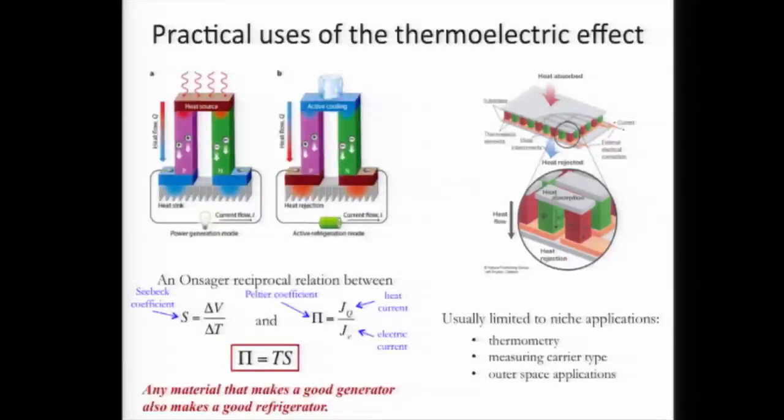And finally, you can actually use it honestly as a generator or a refrigerator if it's in some application where you absolutely can't have it need to be serviced ever. So like if you're in a satellite and you need a refrigerator inside your satellite that has absolutely no moving parts that can fail, then you use the thermoelectric effect. But usually it's not efficient enough to use it, say, to replace your refrigerator at home or to generate power out of some power plant.